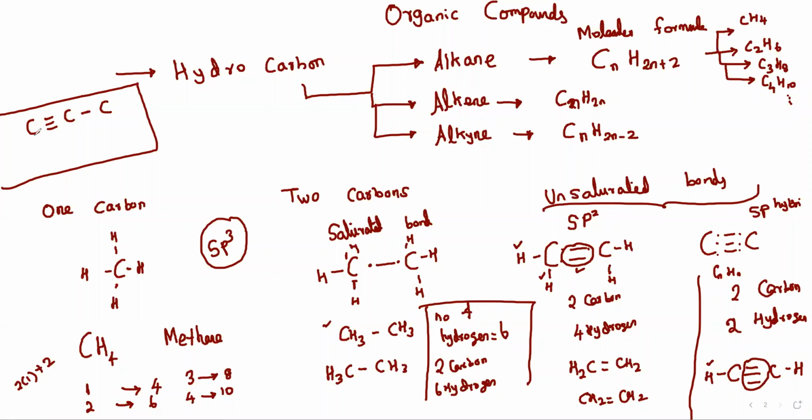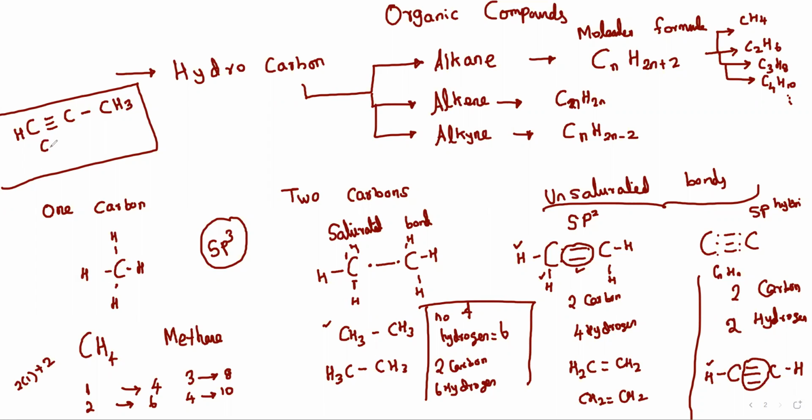For this carbon, which already has 3 bonds, how many hydrogens are required? Only one. For this carbon, it shares 3 bonds with this carbon and 1 bond with this carbon. So how many hydrogens are required? 0. There is no need for hydrogen. For this carbon, it shares only 1 bond with this carbon, so how many hydrogens are required? 3.